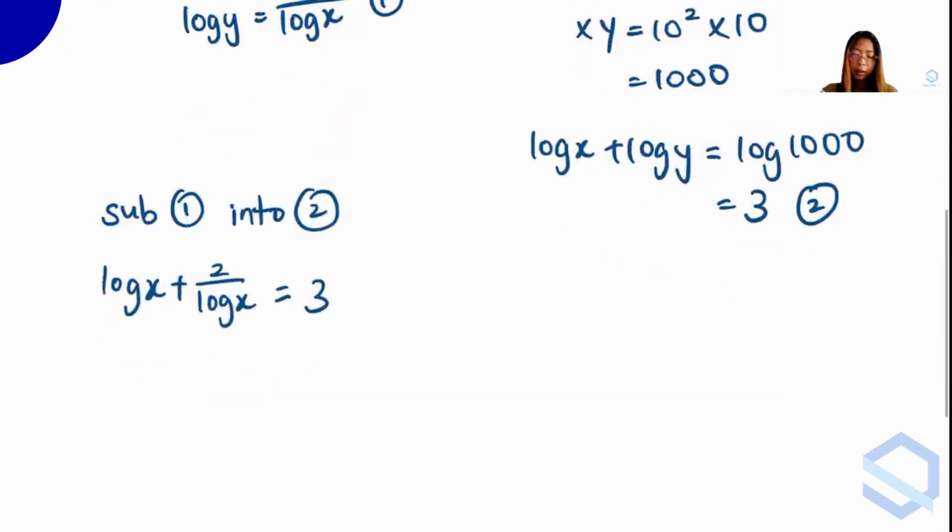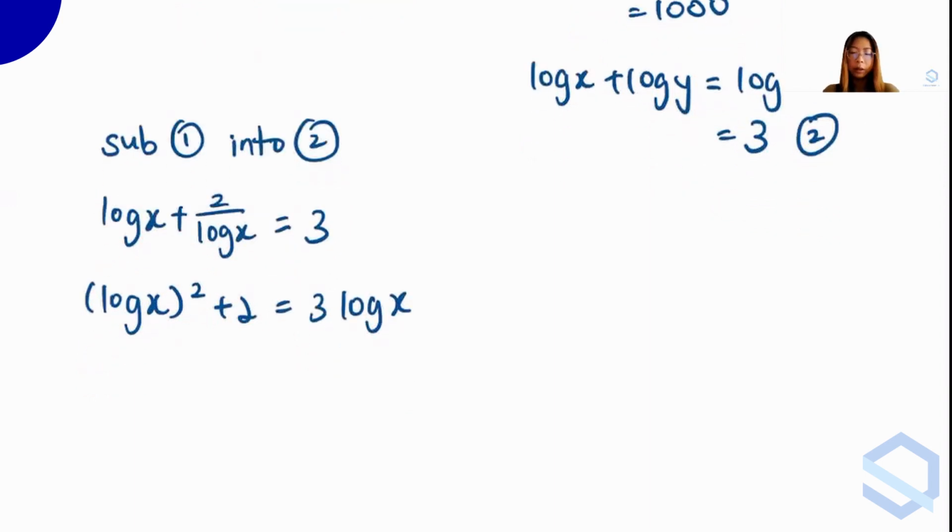So we see that this is actually what we get. How we proceed from this is we have to remove our denominator. When we remove our denominator, we get log x squared plus 2 would give us 3 log x. What I did was I just multiplied log x throughout, and this is what I get.